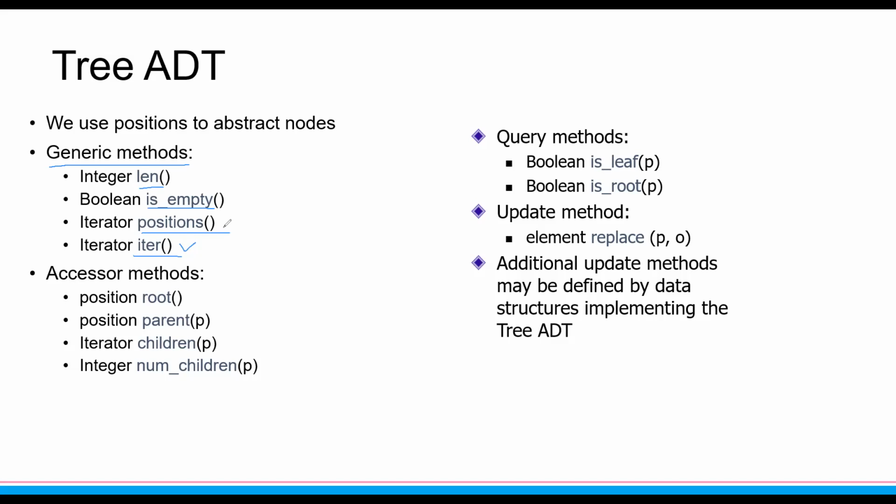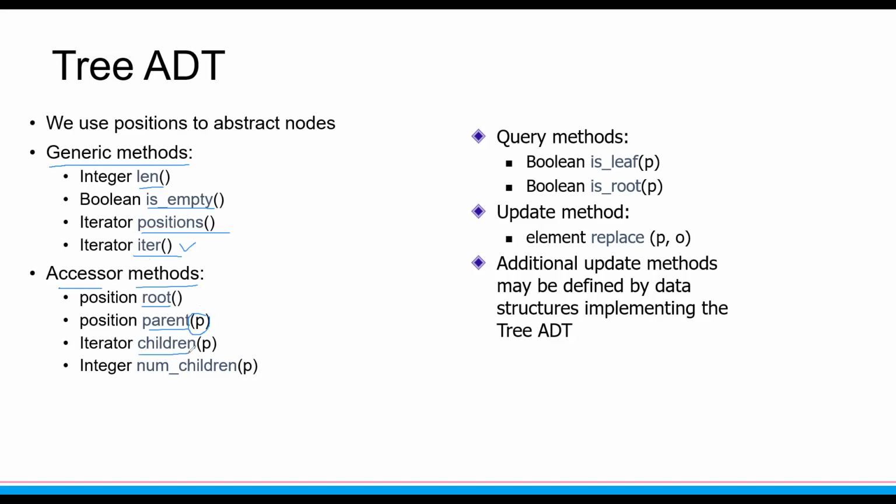So we want to know for every element in that, for example, list. And we have accessor methods. So we want to access the element, we want to access the root. So what is the root? You know that the root is the element without parent. And we want to access the parent. P means the parent of the node in the position P. And we want to know the children.